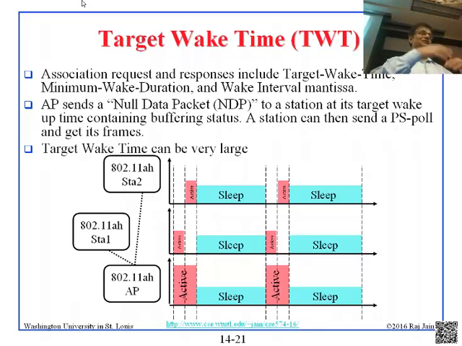When the access point comes up every hour, it says, oh yeah, this guy had said he will wake up in 24 hours. Time for him to wake up. So then it will send out the beacon and they will become active. So these active times could be rare and could be somewhat consolidated around the target wake up time.